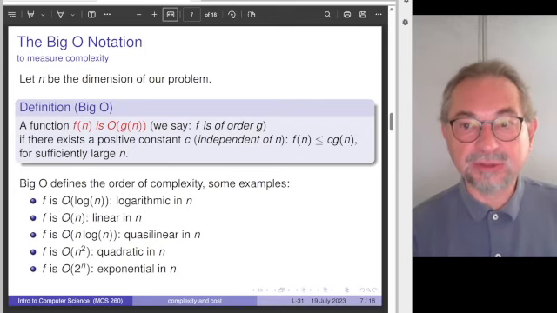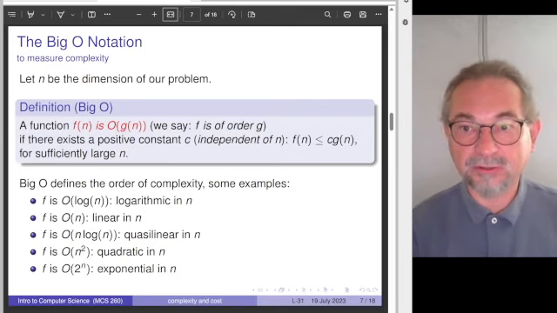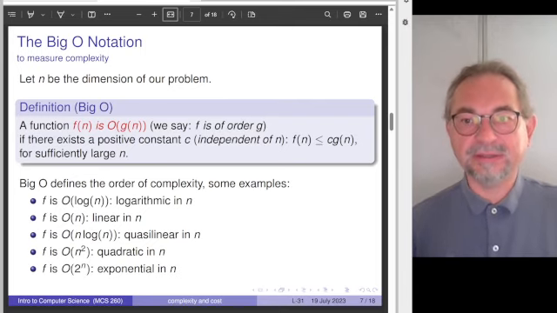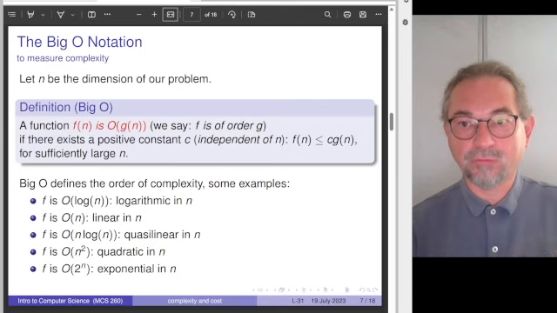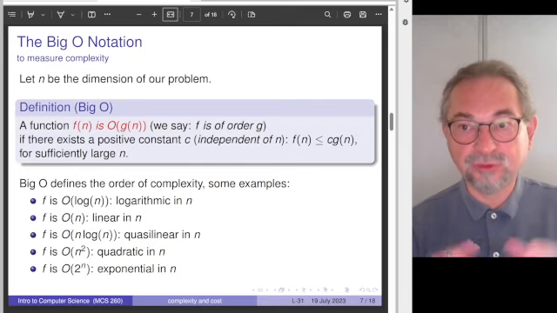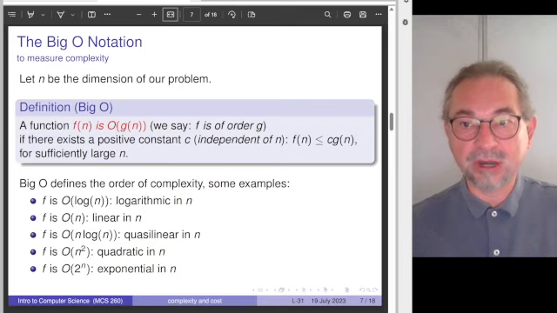Then there is the quadratic cost. If you are doing linear algebra, you're multiplying a matrix with a vector, you're solving a triangular system, there the cost is quadratic. What this implies is that if you double the size of your problem, the running time will be multiplied by a factor of 4.